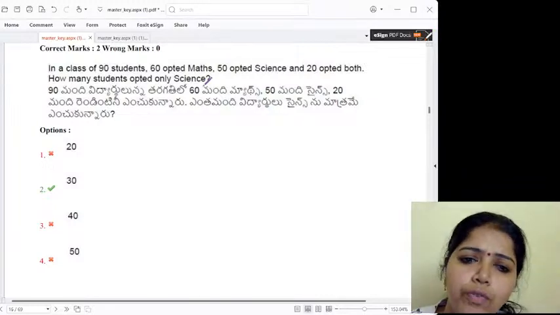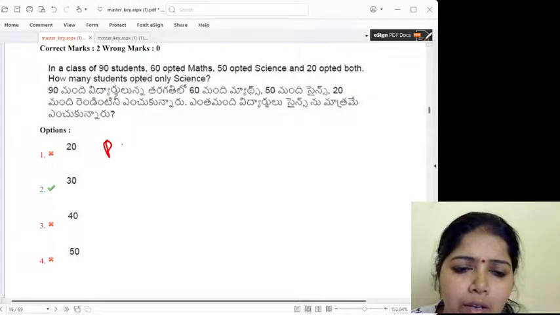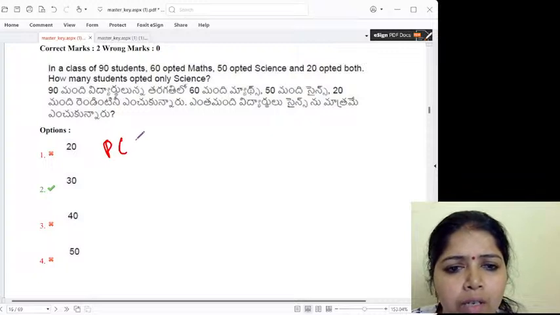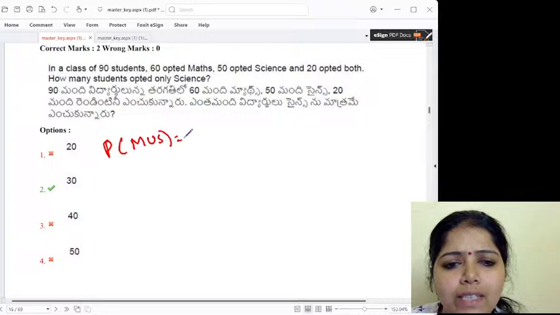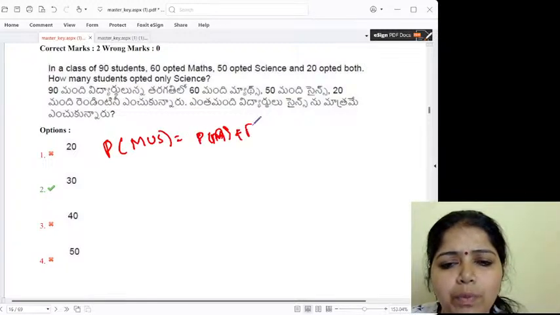Yeah, we have to use the probability formula, right? Probability of Maths or Science is equal to probability of Maths plus probability of Science minus probability of Maths intersection Science.